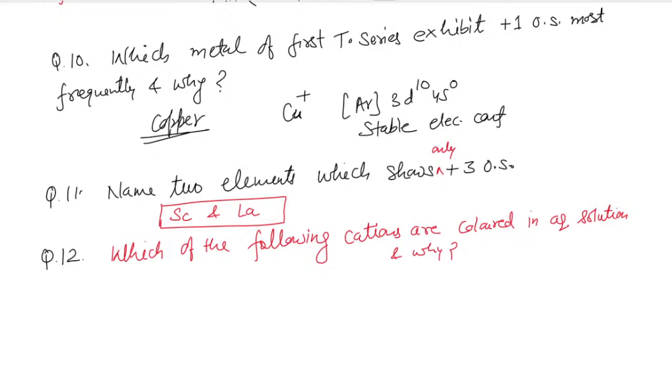Which of the following cations are colored in aqueous solution and why? The ions are scandium 3+, vanadium 3+, titanium 4+, and Mn 2+.